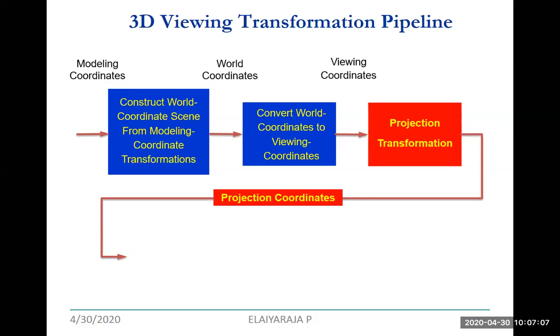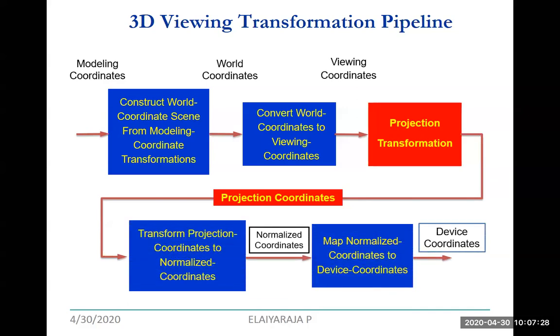For that we have various functions, such as glOrtho as well as glFrustum. So projection transformation says whether it is going to be parallel or perspective. Then you specify those projection coordinates. Then you transform projection coordinates to normalized coordinates, right?